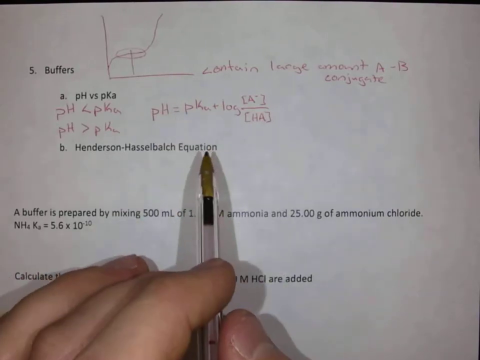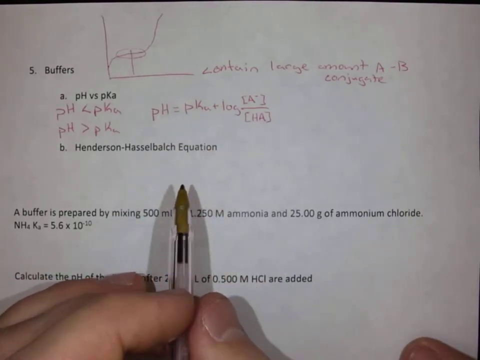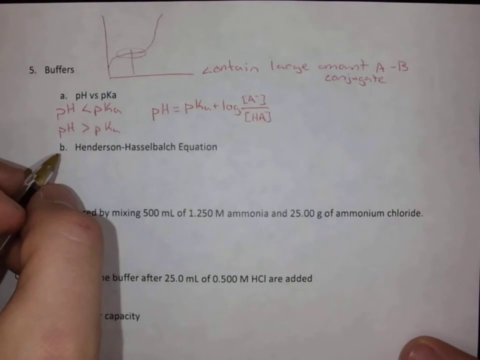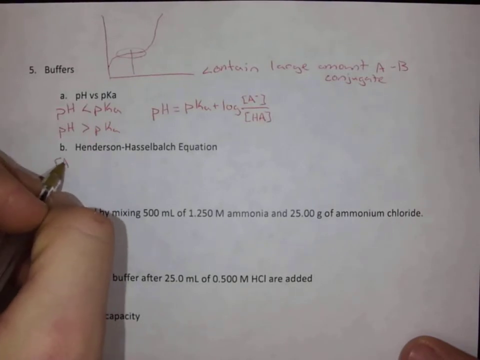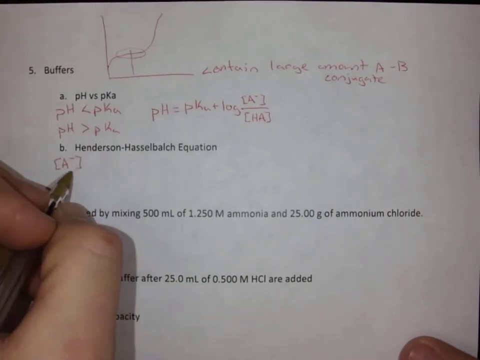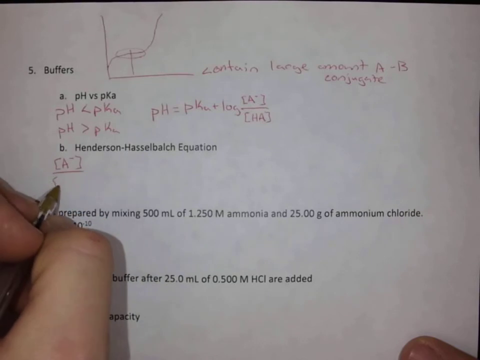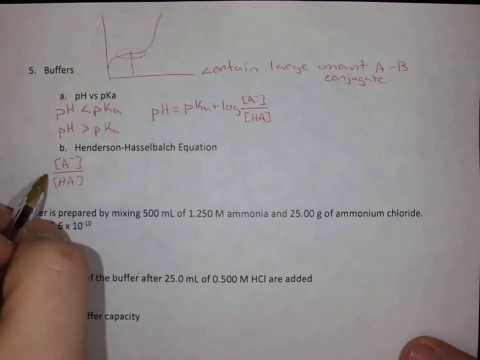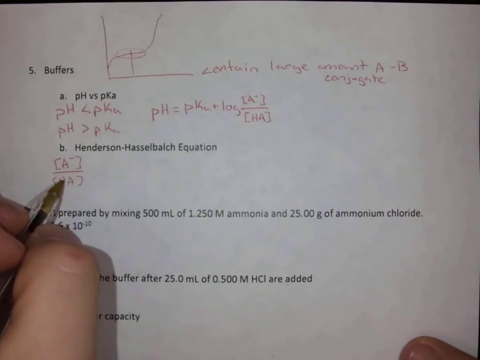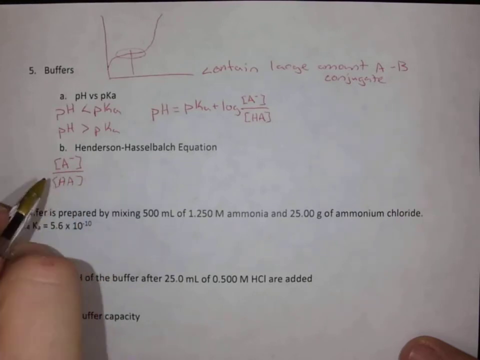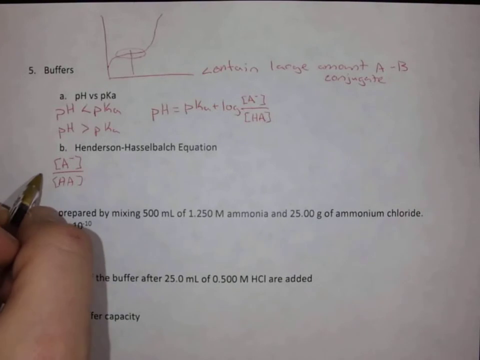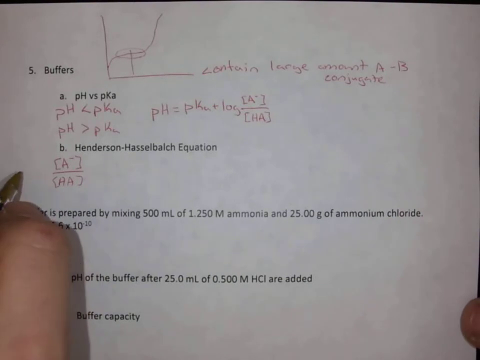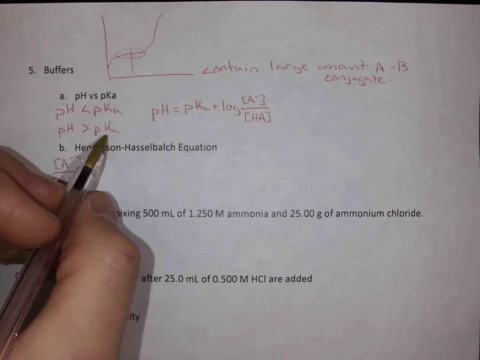Now if we have A minus in a one-to-one relationship to HA, HA equals A minus, so the log of some number divided by the same number is the log of 1, which is equal to 0. So pH is equal to that pKa.